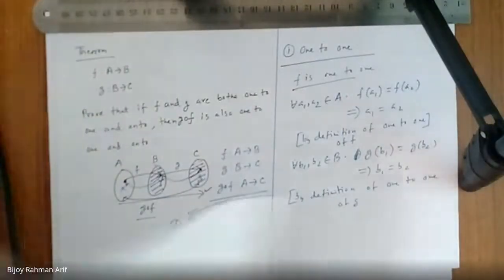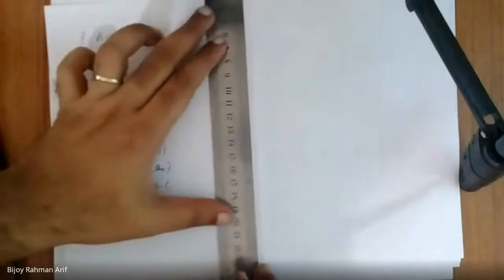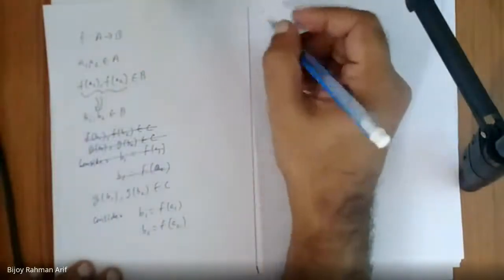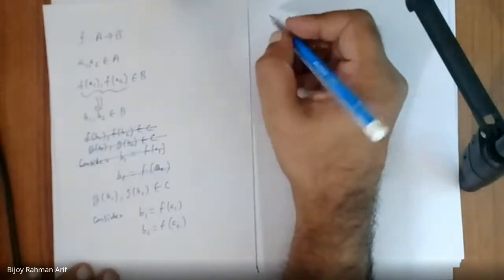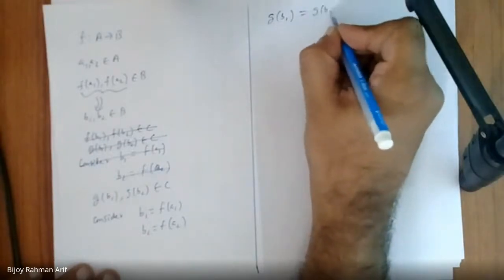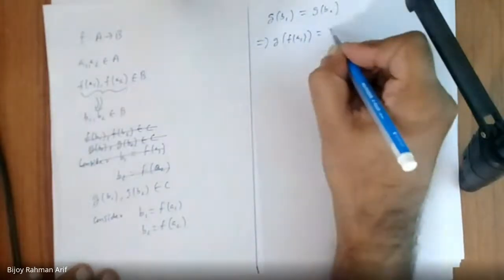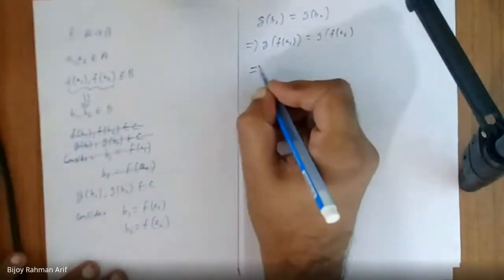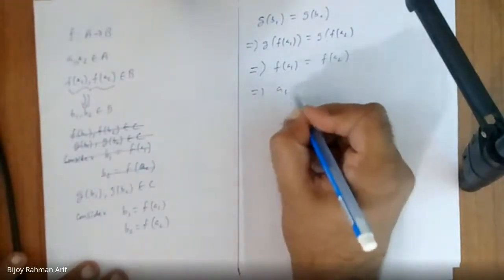Now we know that G(B1) is equal to G(B2), or G(F(A1)) is equal to G(F(A2)). So it implies F(A1) equal to F(A2), which implies A1 equal to A2.